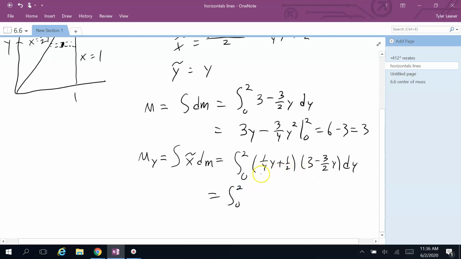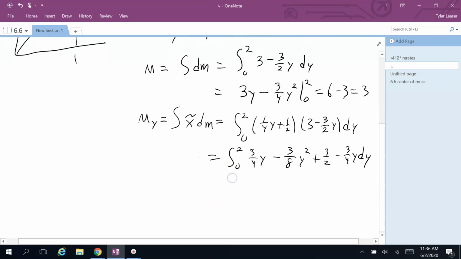So the 1/4 y times the 3 is 3/4 y. 1/4 y times the negative 3/2 y is negative 3/8 y squared. The 1/2 times the 3 is 3/2, and then the 1/2 and the negative 3/2 is negative 3/4 y. Kind of nice here because this positive 3/4 y and this negative 3/4 y just cancel each other out.